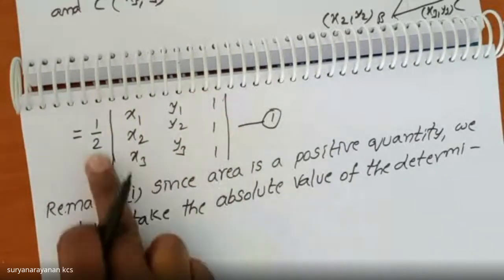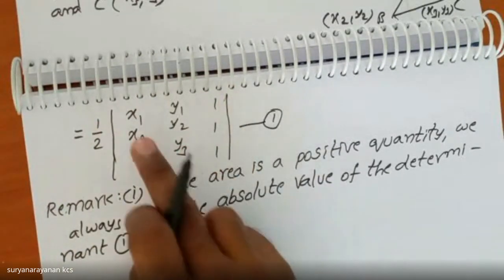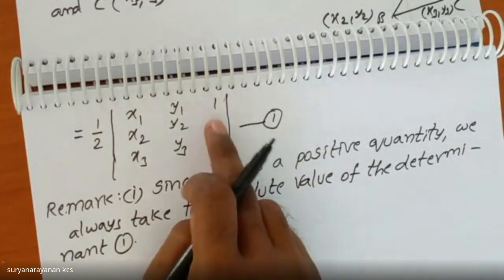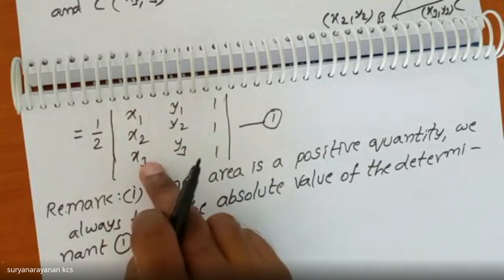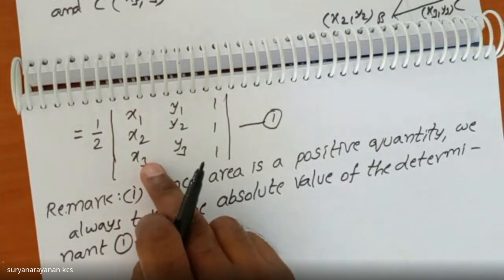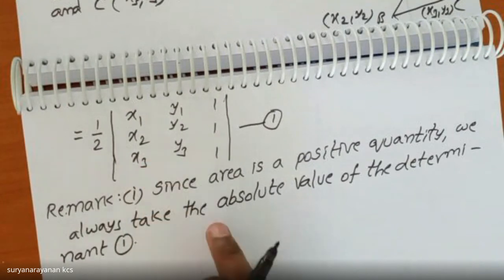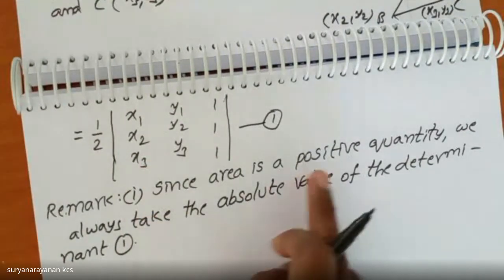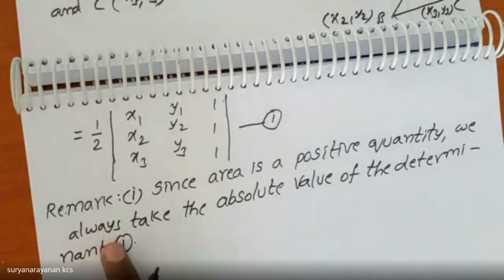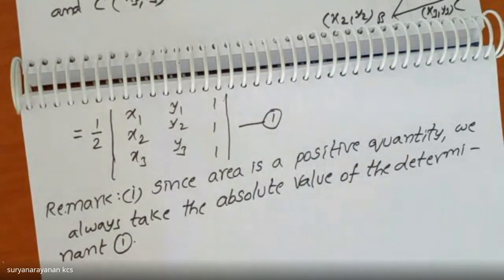Even if the determinant of this matrix is a negative number, we have to consider it as a positive number. We have to take its absolute value, its magnitude, its modulus only, for the area of the triangle. This is the first point.